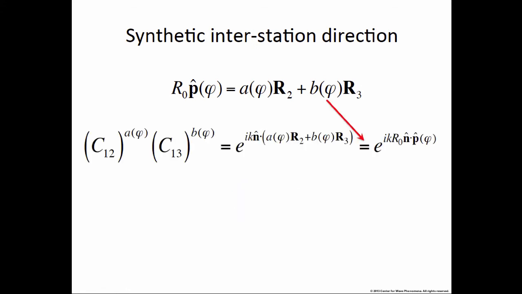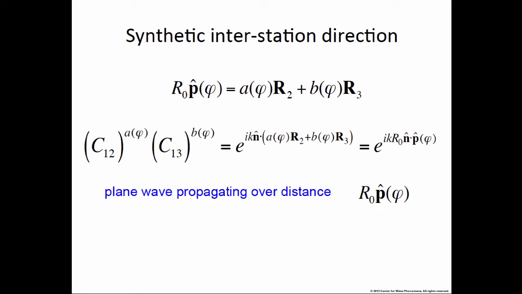So how can we use this in interferometry? Well, it's actually a very simple trick. You take these normalized cross correlations, we have them on the left, and each of these normalized cross correlations looks like a plane wave. That gives us a plane wave in the middle expression on the right-hand side. And then we use that identity at the top where we express our two interstation vectors into a vector with an arbitrary direction. And now we can find that if we take these normalized cross correlations, we raise them to those powers A and B, and those are numbers that we know, we now get, on the right-hand side, a plane wave that propagates over a distance R0 times P hat.